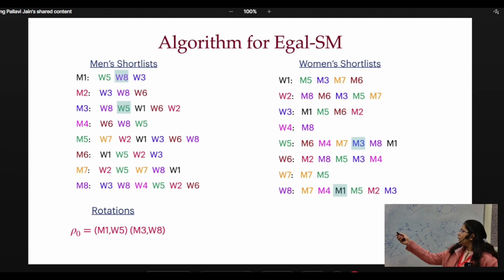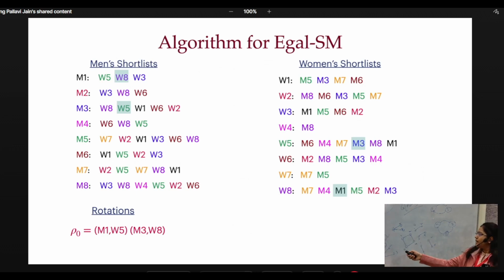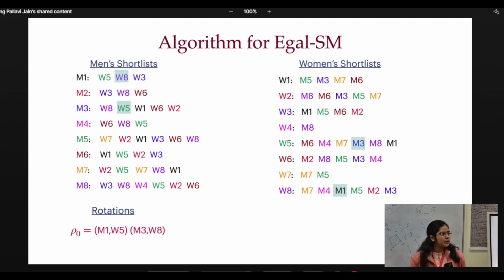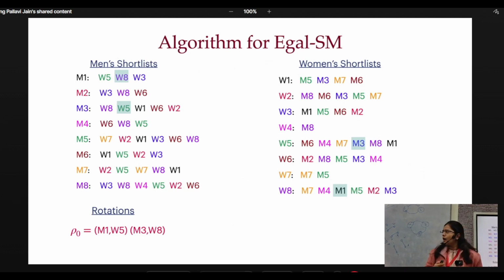It is increasing. For W5 it increased by 2 and for W8 it increased by 4. Now, when I need to compute the egalitarian cost after eliminating the rotation, I know that except M1, M3, W5, W8, the cost for other agents will not change.